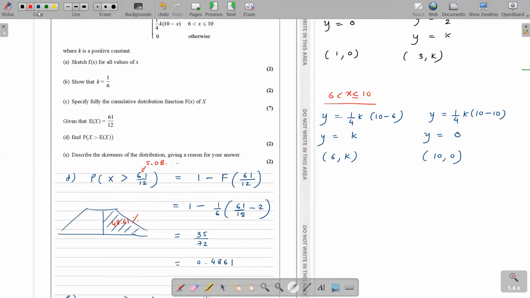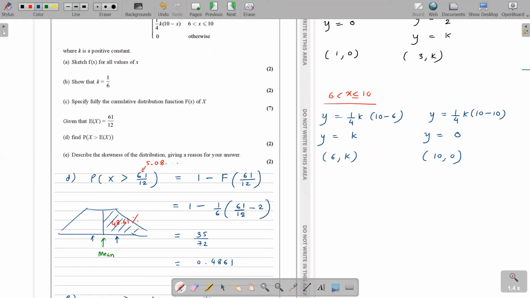So what do you think? This is the mean value. Is your median going to be after the mean or before the mean? Median covers exactly 50%. The area after the mean is 48.61%.